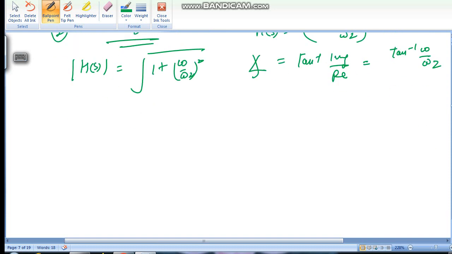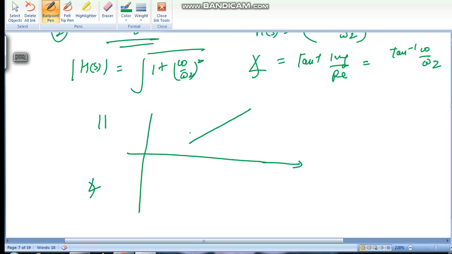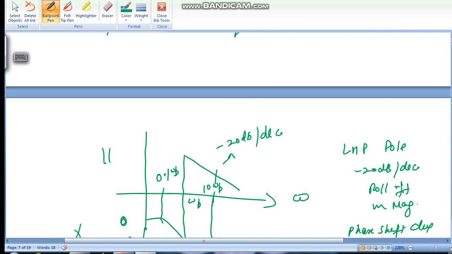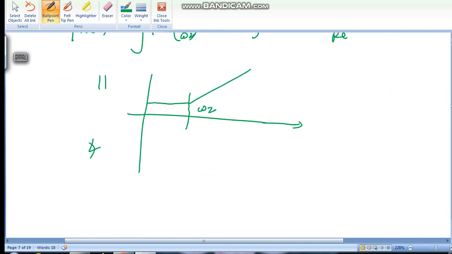Okay, in this case if we draw the Bode plot, the magnitude response and phase response, this is the omega axis, and this is omega z.